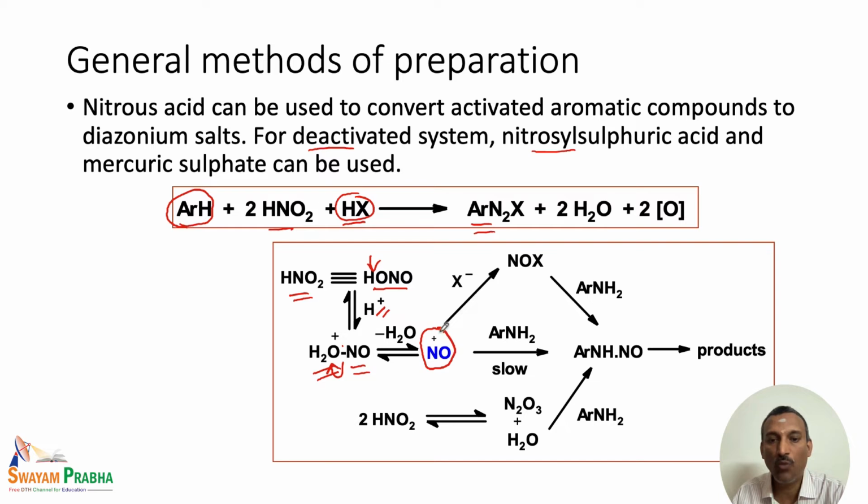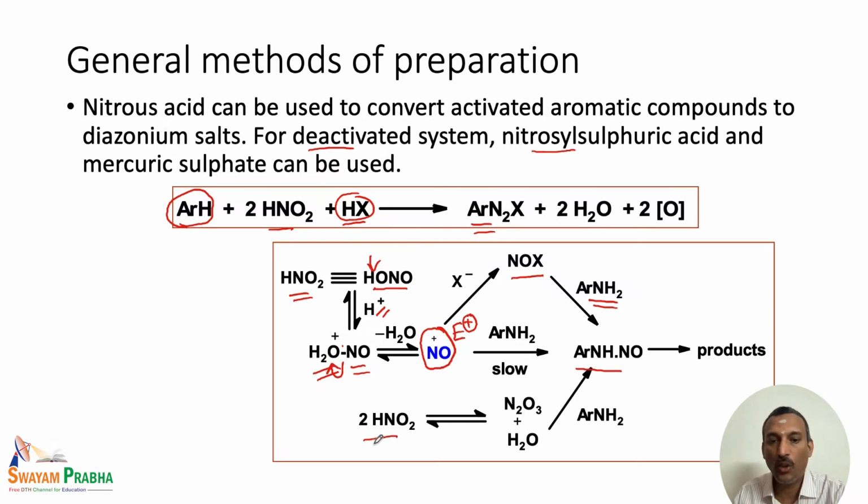So this NO+ ion formation is a very crucial fact, and this is the electrophile which is involved in all these reactions. When reacted with halide ion, it forms NOX, and when aromatic amino compounds are treated with this NOX compound, we end up with ArNHNO, and this leads to the other products.